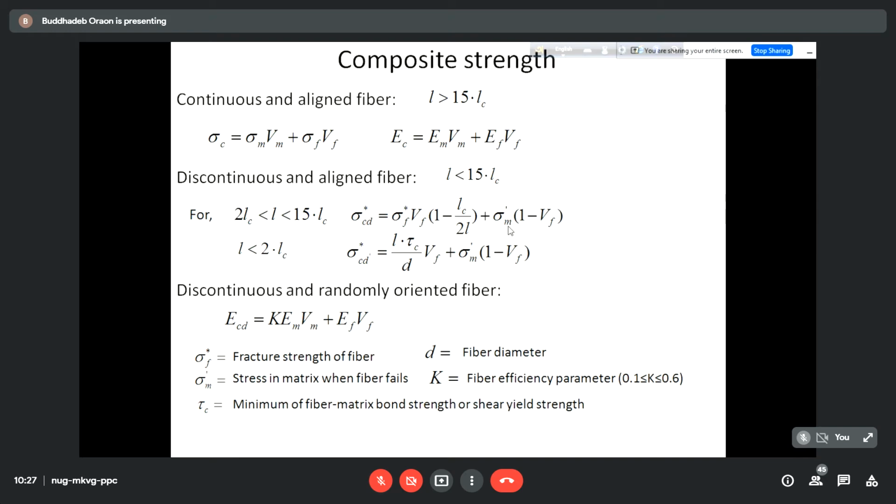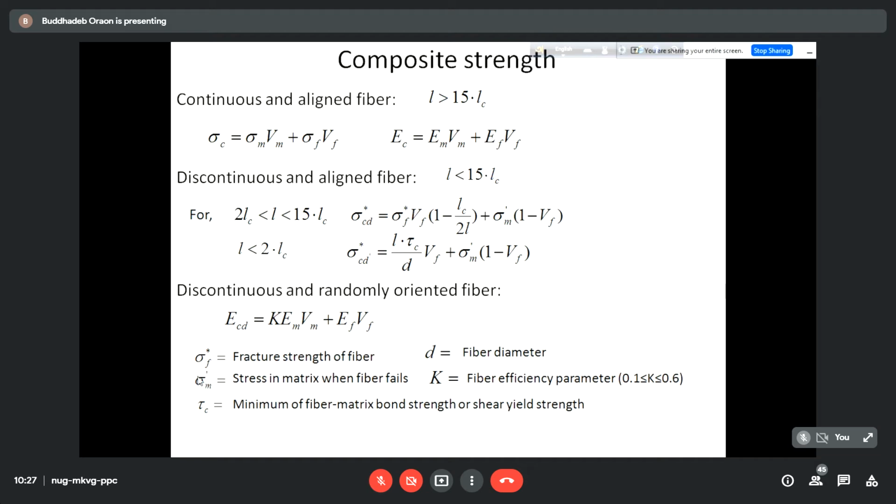And regarding the matrix, here we are considering not the stress at which the matrix fails. Actually, this sigma m dash has been written here. What is the meaning? Sigma m dash equals the stress in the matrix when the fiber fails.